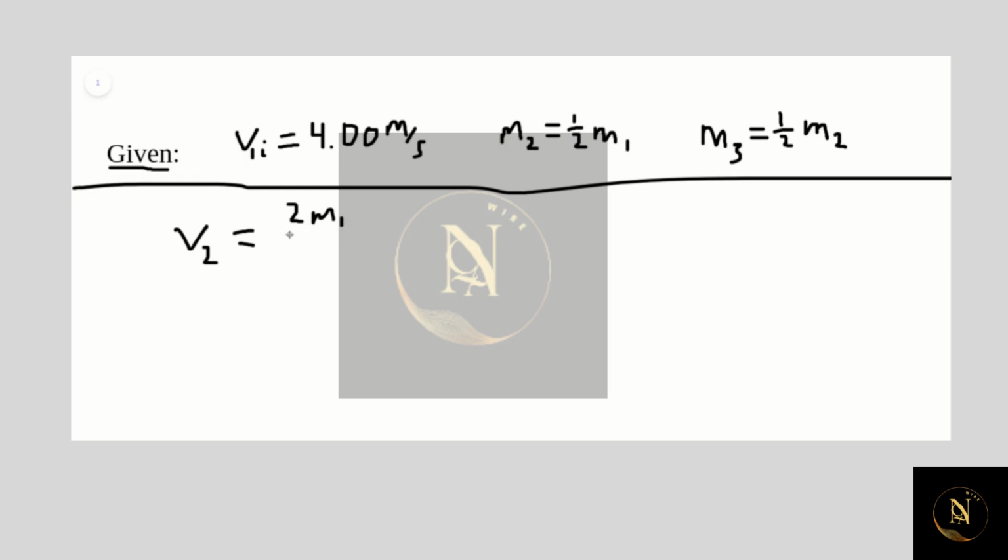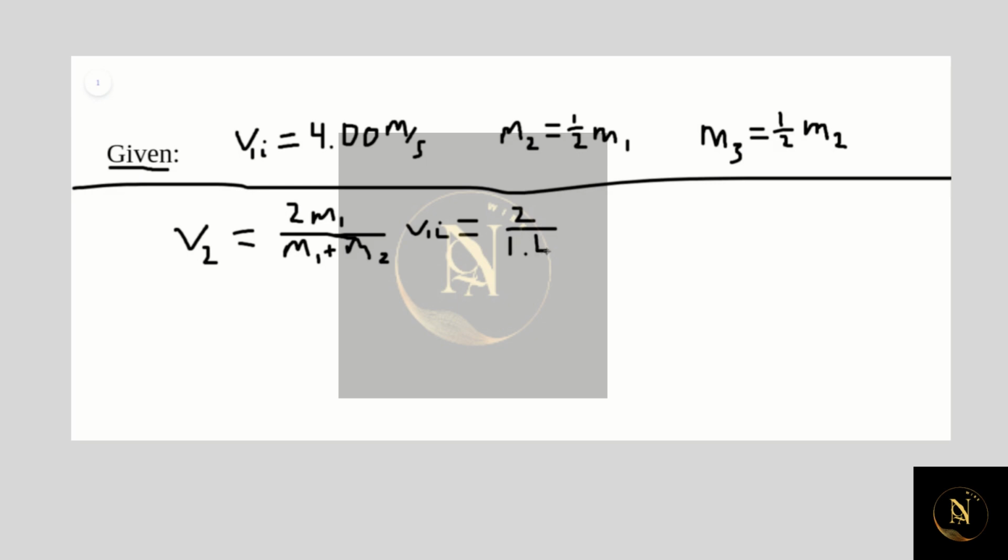Okay, so for part A, we're going to use our equation here, which says that first we need to calculate the velocity of block 2, V2, which is equal to 2m1 divided by m1 plus m2 times V1 initial. So this is equal to 2 over 1.5.